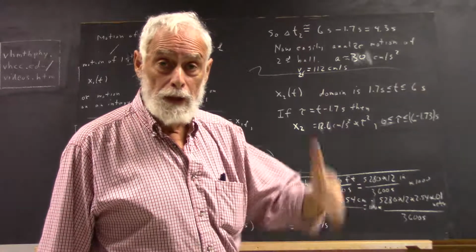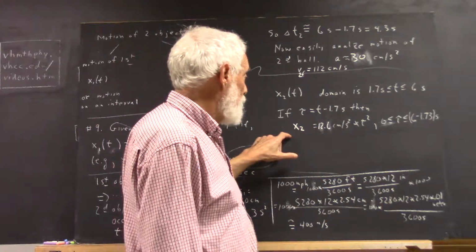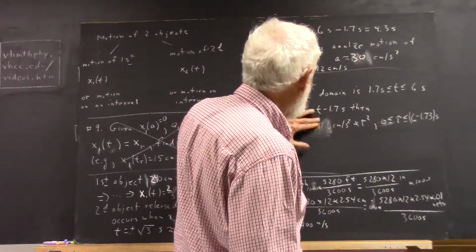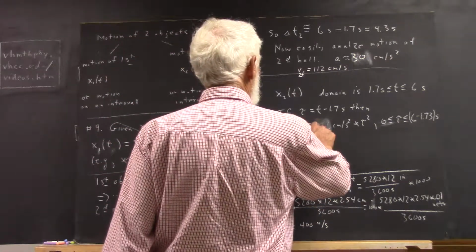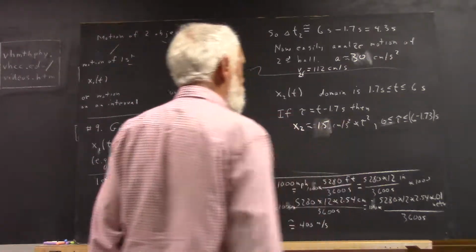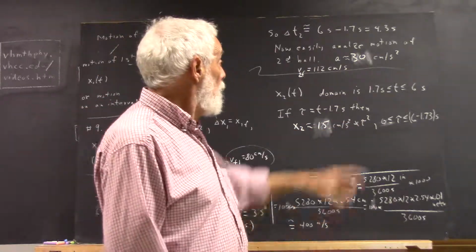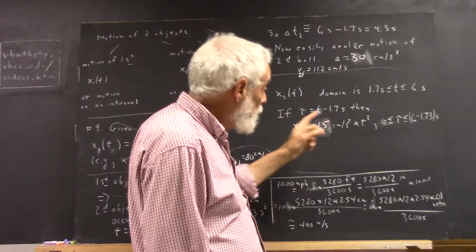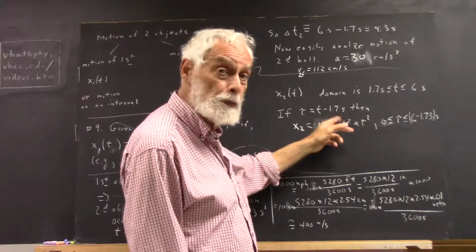And then if you do x2 versus tau, you find that x2 is, now I've got the wrong number here. It's going to turn out to be about 15 centimeters per second squared times tau squared, because the acceleration is 30 centimeters per second squared. When tau equals 0, the velocity is 0, because when tau equals 0, t is 1.7 seconds.